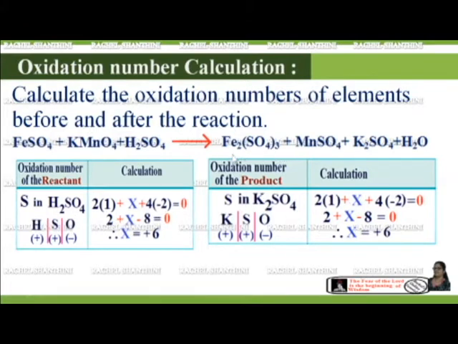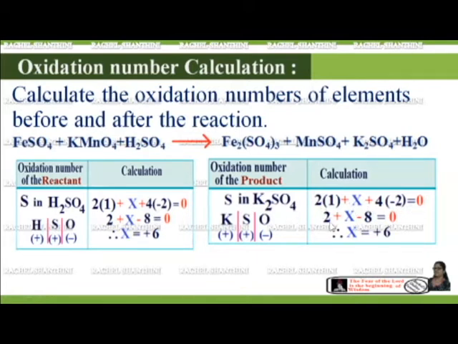Coming to the product side, we know the oxidation numbers of the elements present in ferric sulfate and manganese sulfate. Now let us find out the oxidation number of sulfur in potassium sulfate. Assume the oxidation number of sulfur as X. We have 2 potassium here, so 2 into 1, because we know that the oxidation number of the alkali metal potassium is 1, plus X, plus 4 oxygen, so 4 into minus 2 is equal to 0.